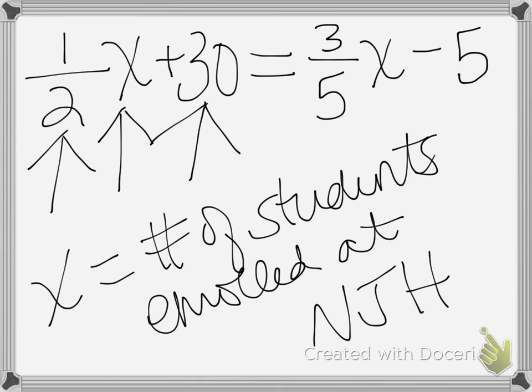Then we could say 5 less here than 3/5 of the students have an email account. If the number of students who belong to a social network is equal to the number of students with an email account, how many students are enrolled at Navasota? I just made that one up.